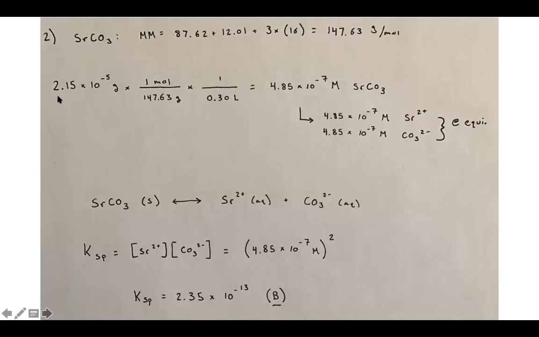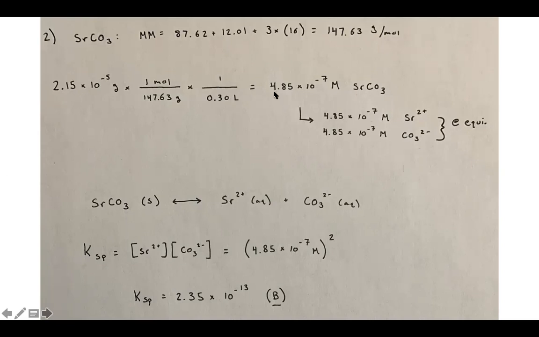Okay, and so if we start with 2.15 times 10 to the negative fifth grams, I'm going to use my molar mass to convert to moles of strontium carbonate, and then I'm basically going to divide it by our volume in terms of liters to find my molarity of strontium carbonate. Okay, so I find that my molarity is 4.85 times 10 to the negative 7th molar. Okay, and strontium carbonate in relation to each one of its ions is in a 1-to-1 ratio.